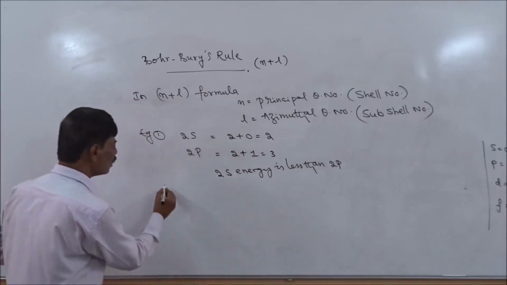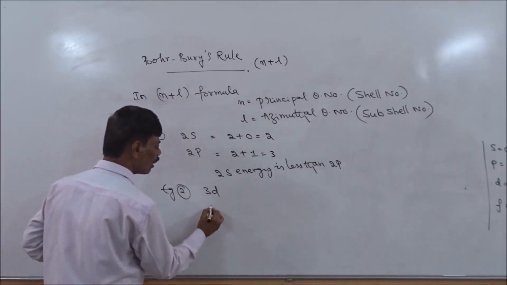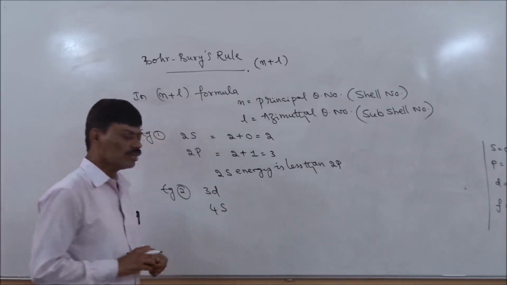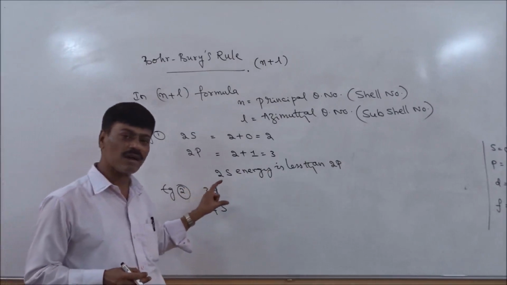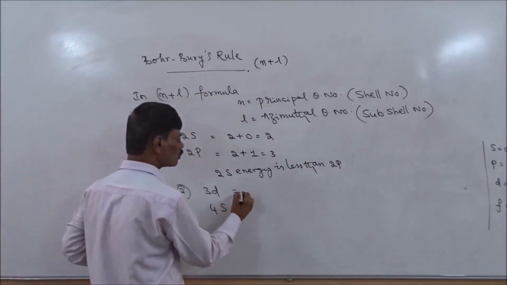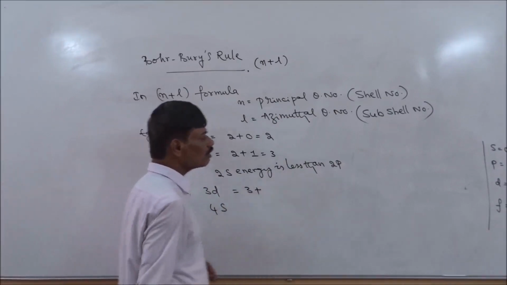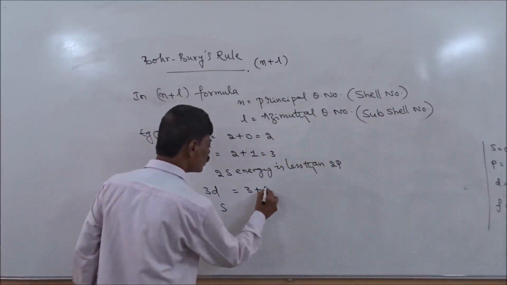Now let us see example 2, 3d and 4s. Here 3d and 4s together constitute only one example. According to Bohr-Bury's rule, 3d is equal to 3 plus the d value, which is 2, so 3 plus 2 is equal to 5.